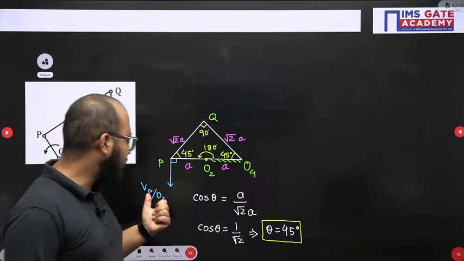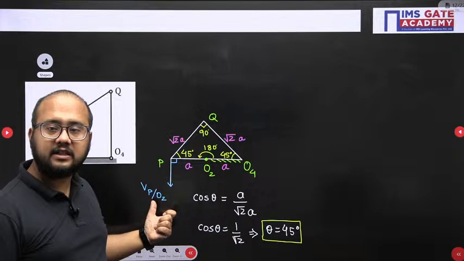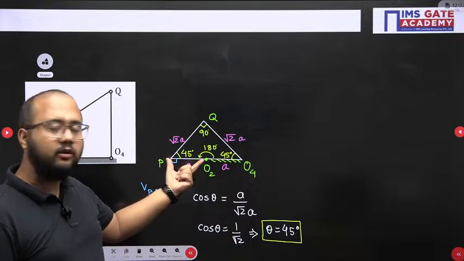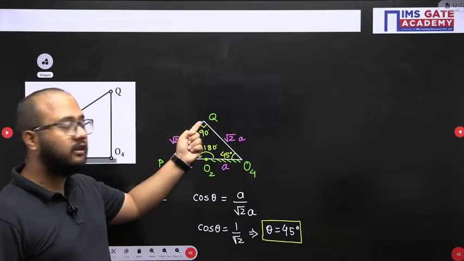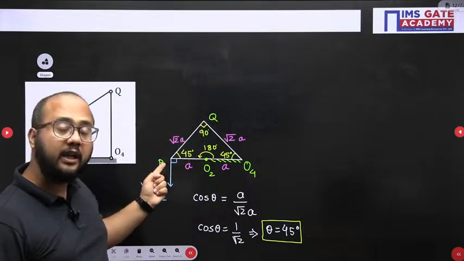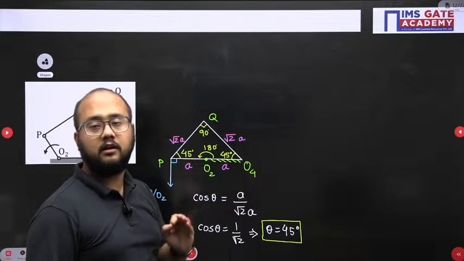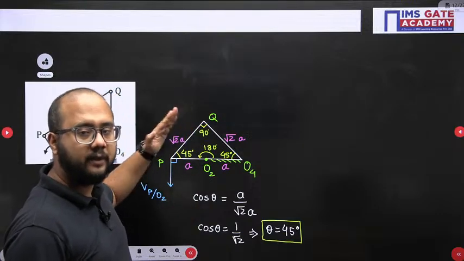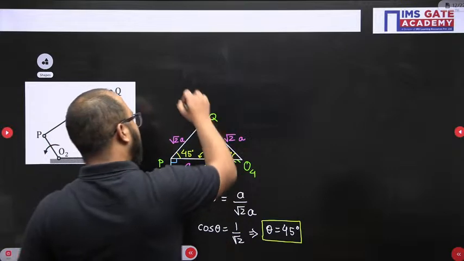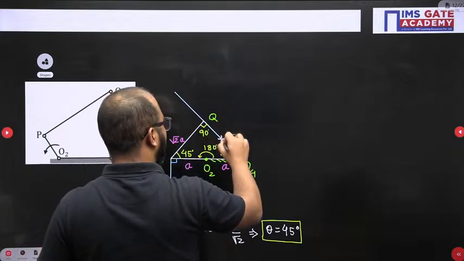The velocity of P with respect to O2 is a vector perpendicular to link PO2 or O2P. In a similar way, the velocity vector of Q with respect to P will be perpendicular to link PQ. And when I draw a vector perpendicular to link PQ, it will be along this line.